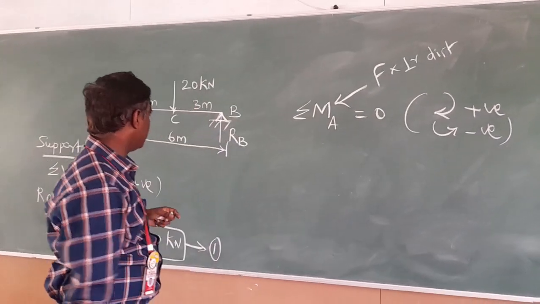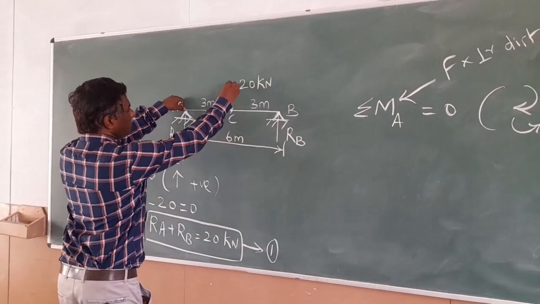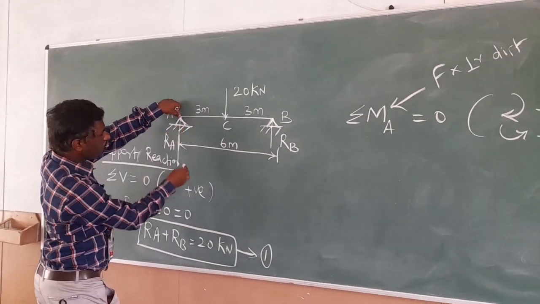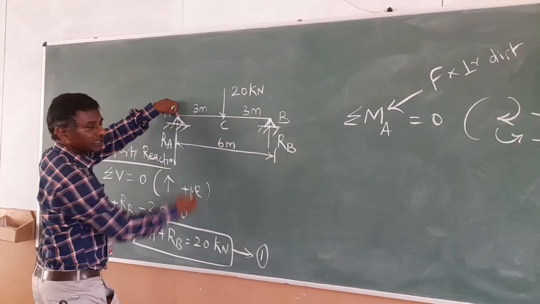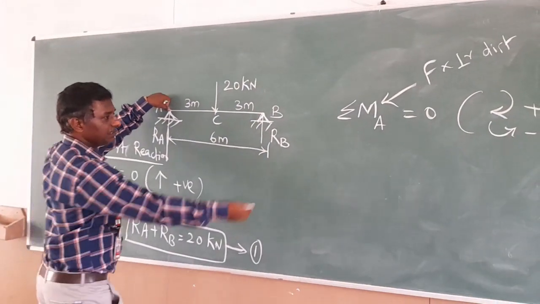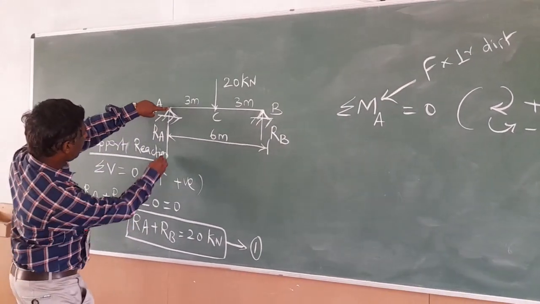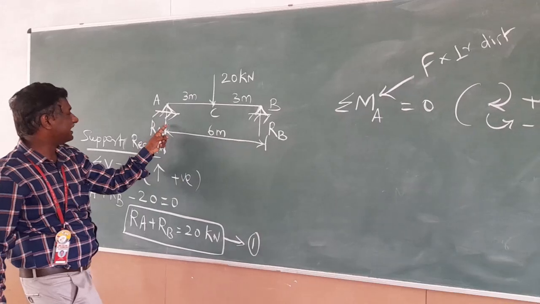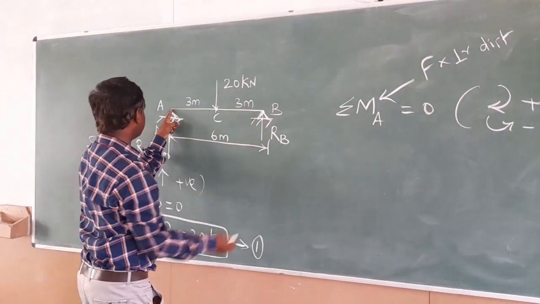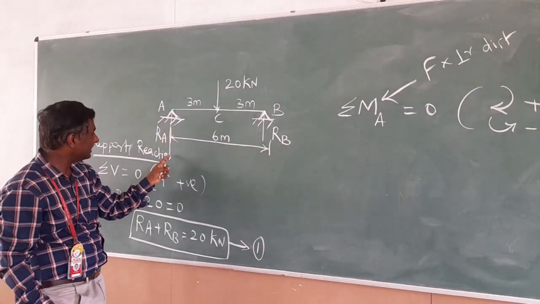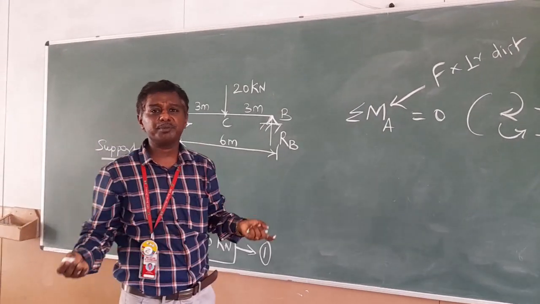Now the 20 kN load travels to point A in a clockwise manner, and RB travels to A in an anticlockwise manner. The sign convention is already given. For RA, the force lies exactly on point A, so RA into perpendicular distance is 0, as there is no perpendicular distance to travel.